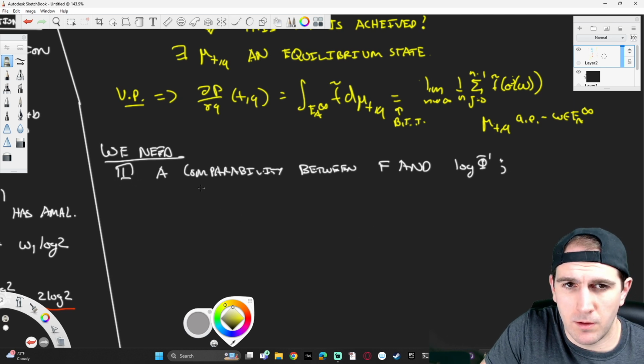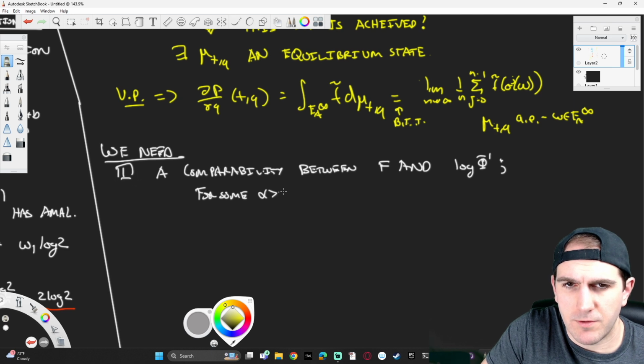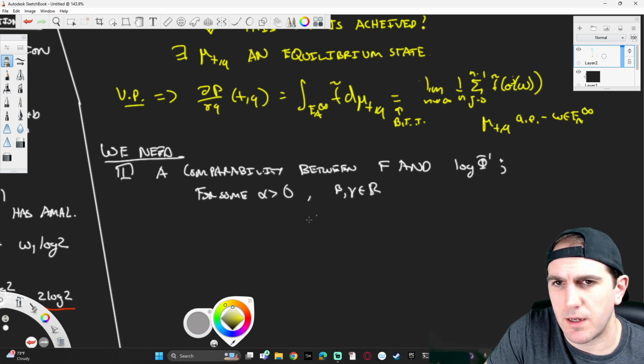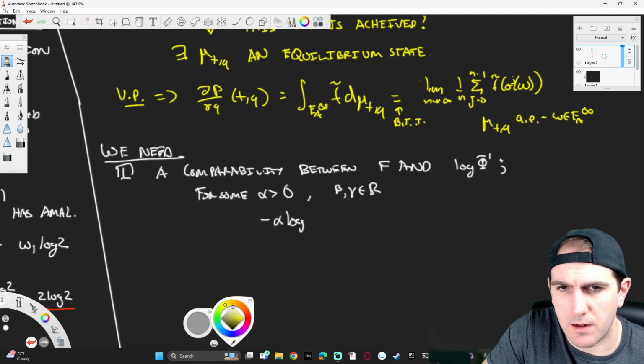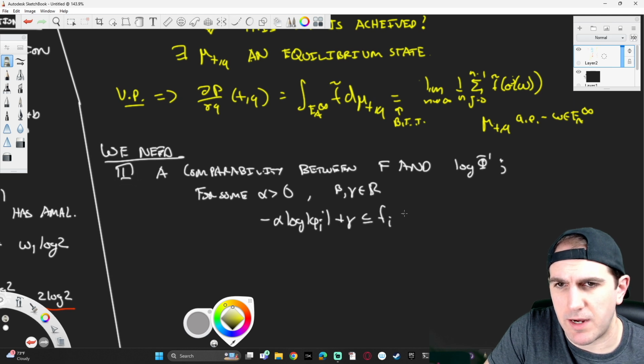So for some alpha greater than 0, beta and gamma within the reals, minus alpha log phi_i prime plus gamma is less than or equal to f_i, which is less than or equal to minus alpha log of phi_i prime plus beta.